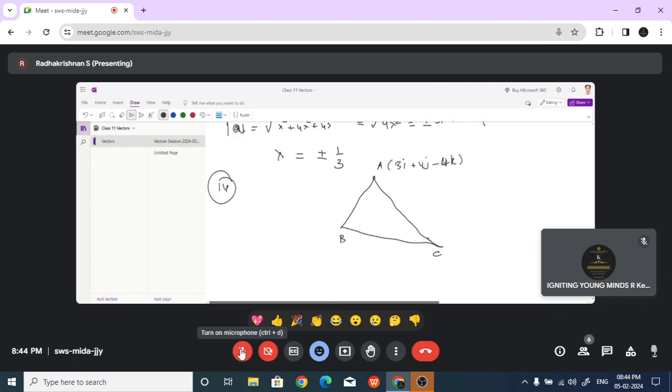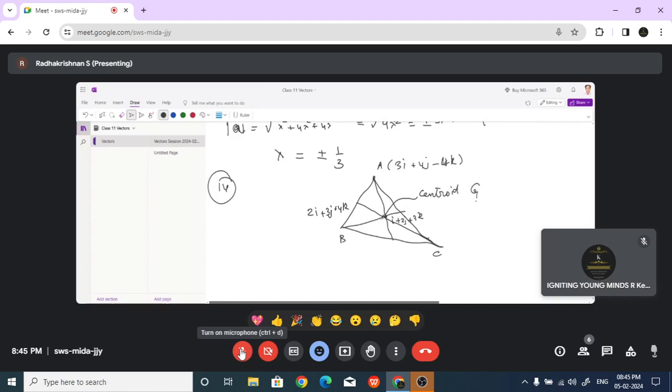Second one, 2, 3, 4. And centroid is 1, 2, 3. So this is 1, 2, 3.